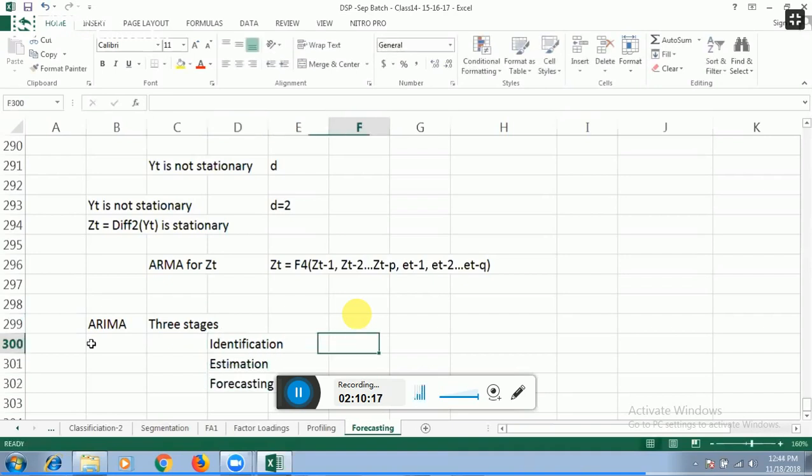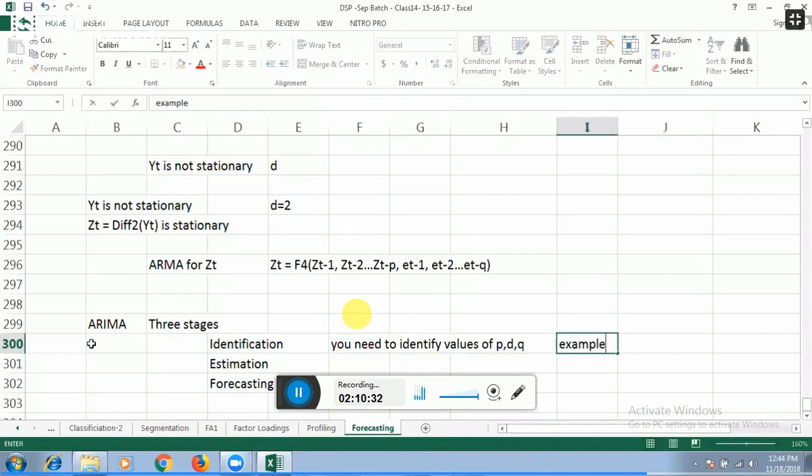The identification stage means you need to identify the values of P comma D comma Q. For example, my order of P comma D comma Q is 2 comma 1 comma 1. So using this 2 comma 1 comma 1, I will get to know what my equation will be.